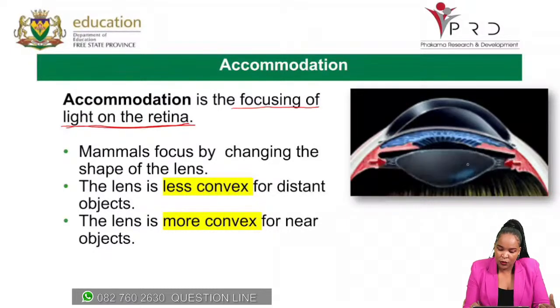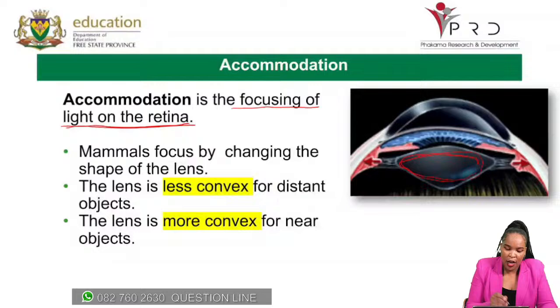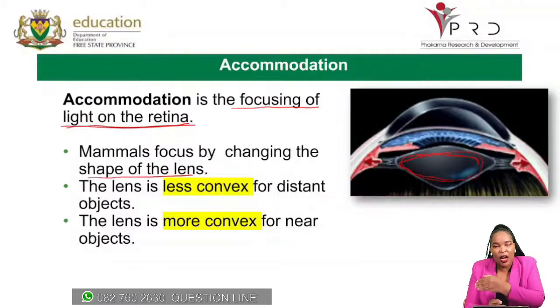Watch. That is the lens. This one here. So we said this lens plays a role in refracting the light to focus it on the retina. So mammals focus by changing the shape of the lens. This shape of the lens is the one that is going to enable us to focus.